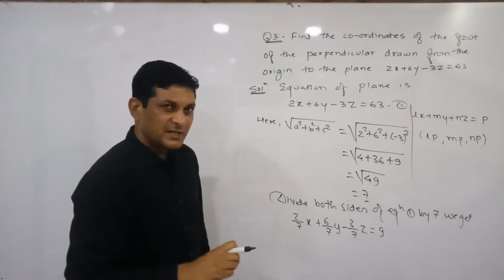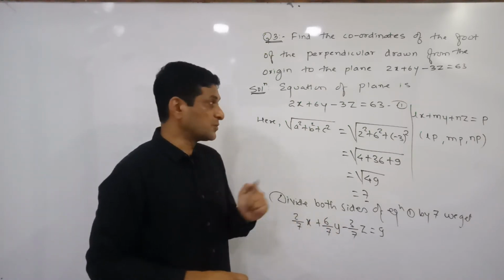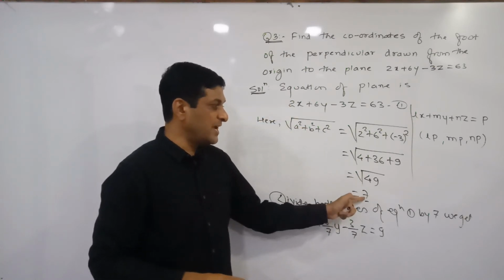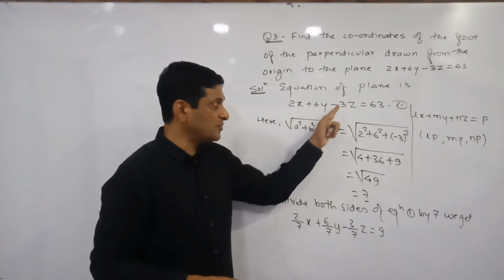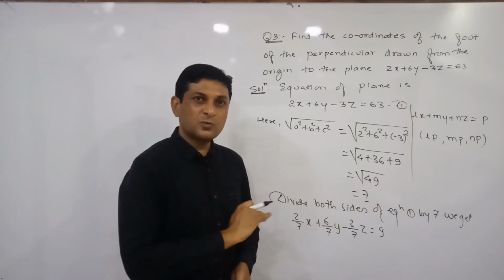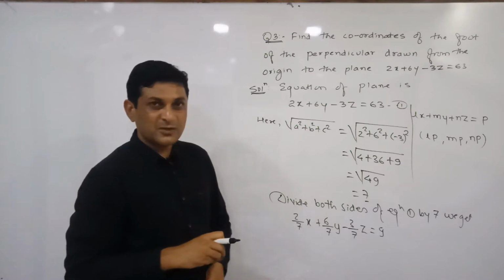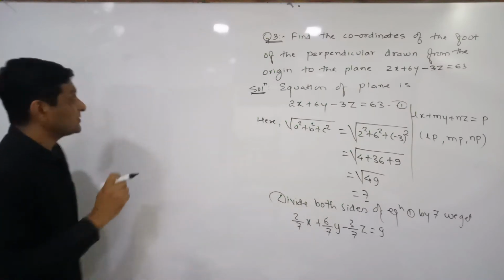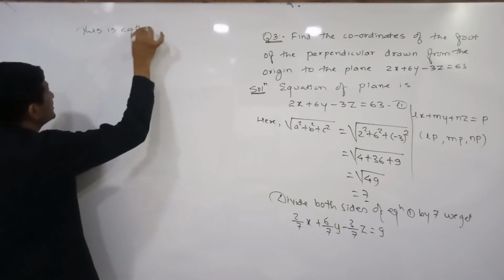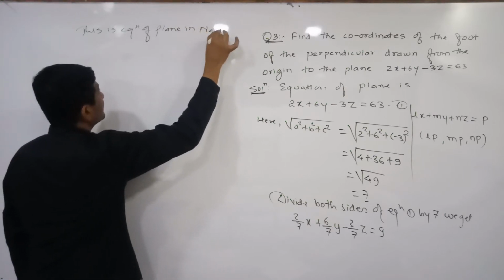So now we can say that the coefficients of x, y, z are direction cosines, because a upon under root, b upon under root, c upon under root, where the value of the under root is 7, are direction cosines. And if the coefficients of x, y, z are direction cosines, we can say that this is the equation of plane in normal form.